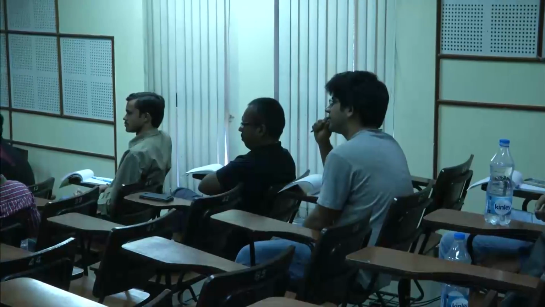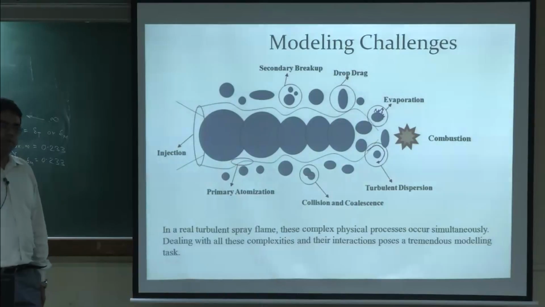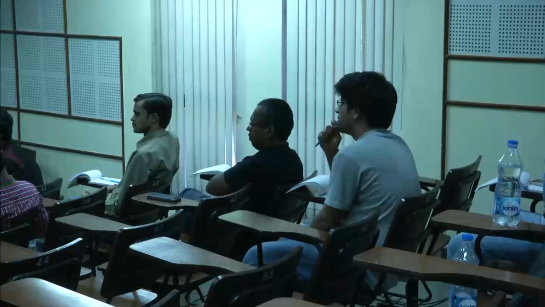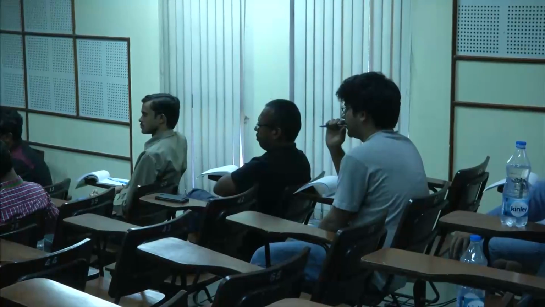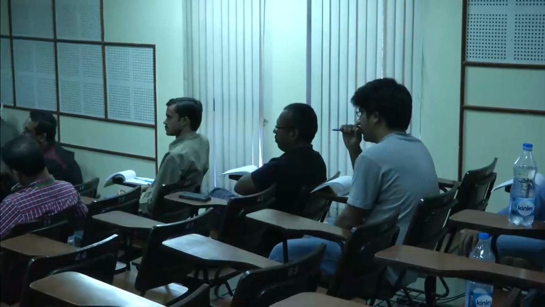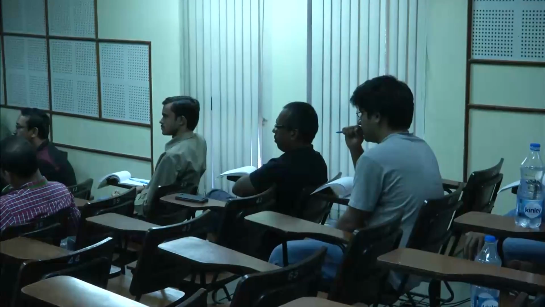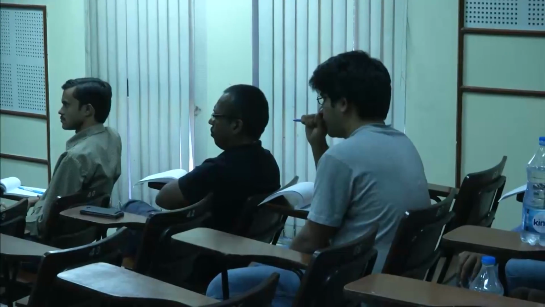So, that depends on the operating condition. So, what is the pressure drop, right, from the injector to the chamber, and those are the critical things that will govern the primary atomization process. And the diameter also, diameter of the nozzle, right.